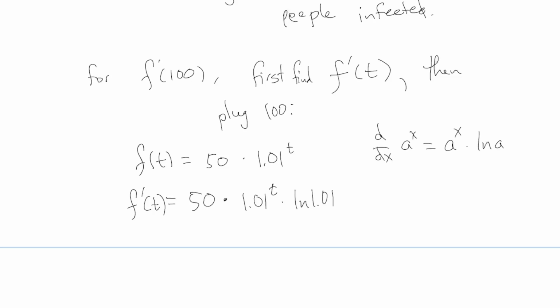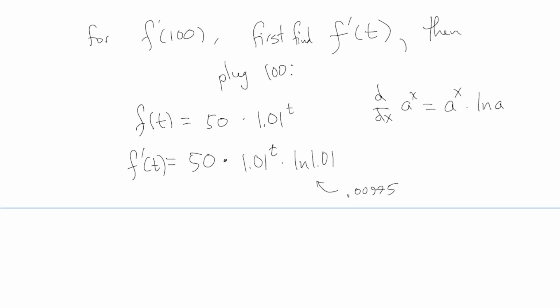That's plugging into the derivative exponential formula. This log of 1.01 is a constant. On your calculator, it's 0.00995. If you multiply these constants, you can simplify. This is 0.4975 times 1.01 to the power t. I did this on my calculator ahead of time. This is the derivative, f prime of t.